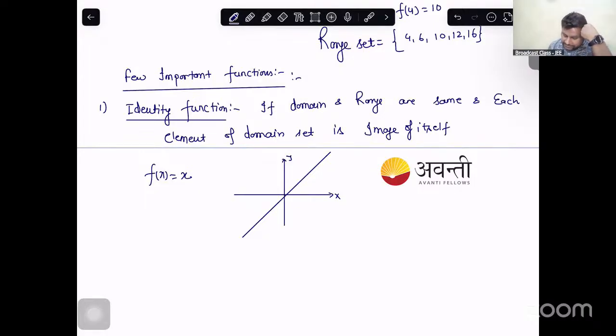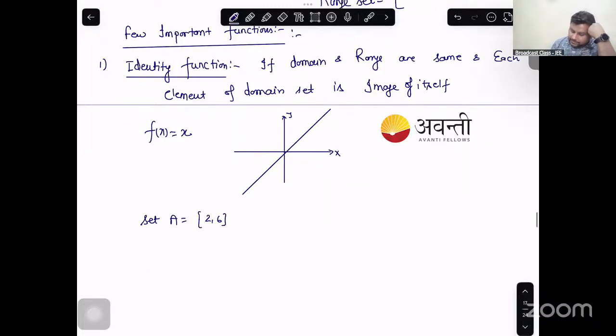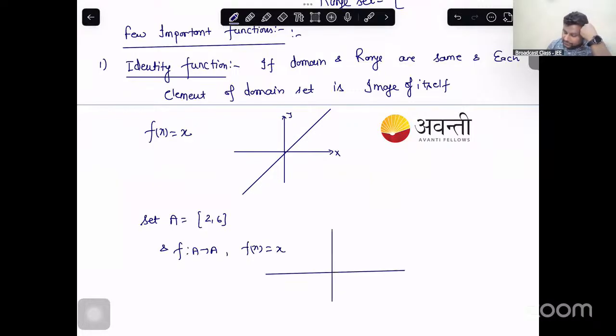Like if I say set A is 2 to 6, and f from A to A, I say f(x) equals x. That means the graph will be something like this, from 2 to 6.